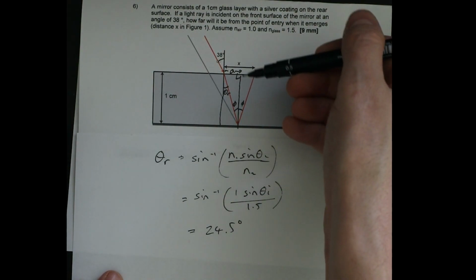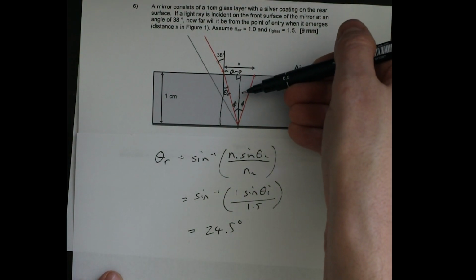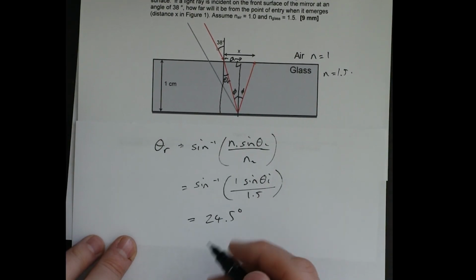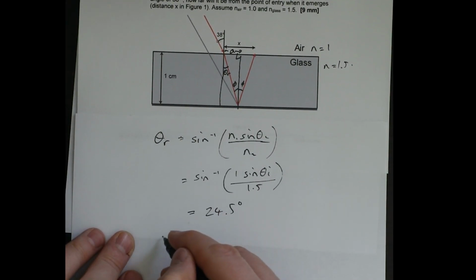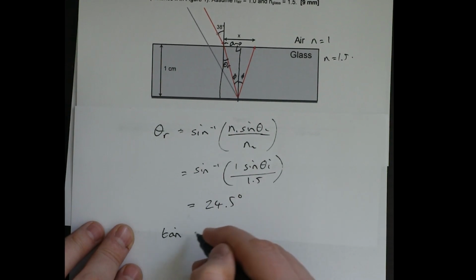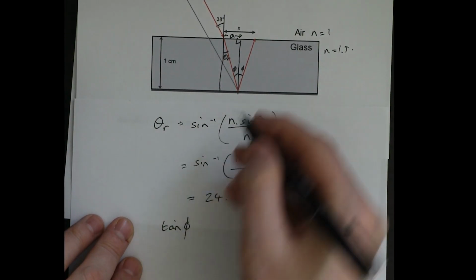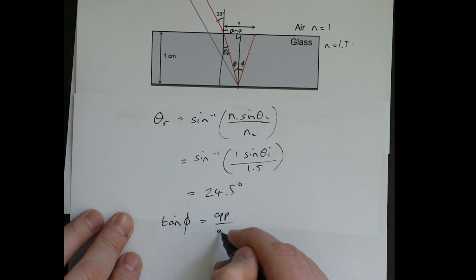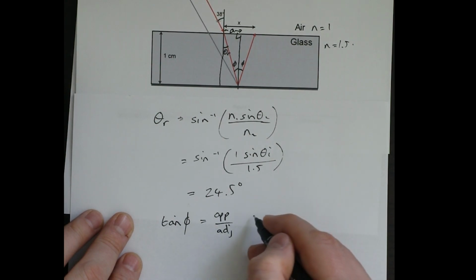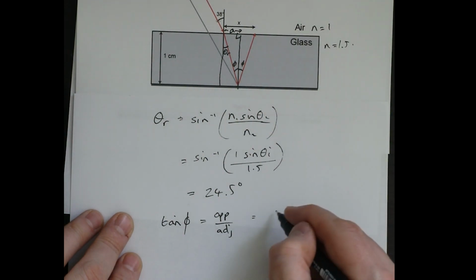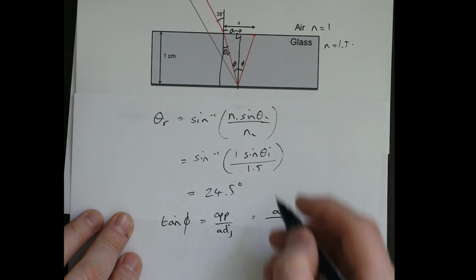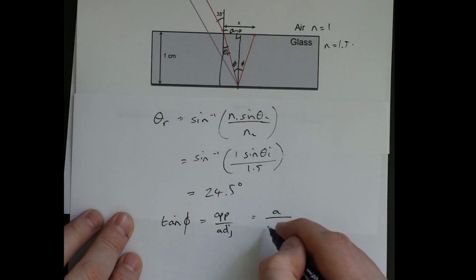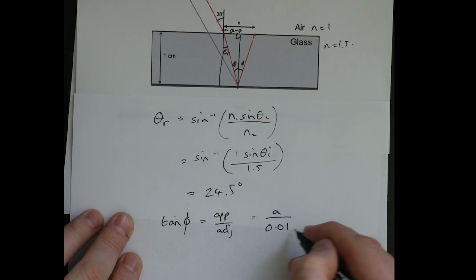If I have the adjacent side and want to calculate the opposite side, then the best trigonometric identity to use is going to be tan. So tan of this angle phi here is equal to the opposite side length divided by the adjacent side length, which is a, the side I want to calculate, divided by this side length here, which is the thickness of the glass. So that's 1 centimetre, but I'm going to write that in metres because I normally do.